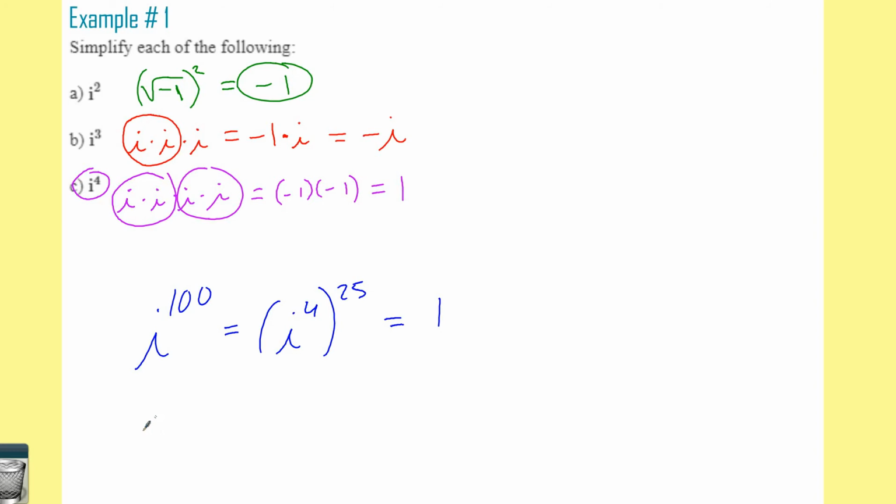So like if I asked you i to the 362, all right, well, we know that i to the 360, that's a multiple of 4. And we just need 2 more i's after that. So here we get 1 times negative 1. All right, so that's kind of like a cool little pattern.